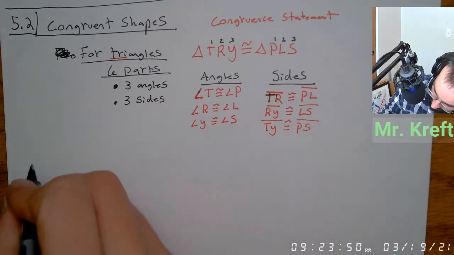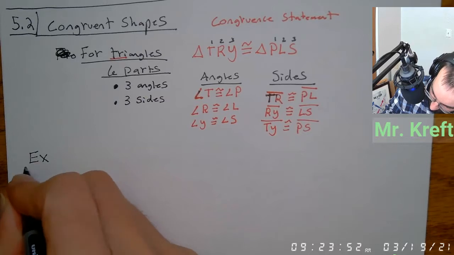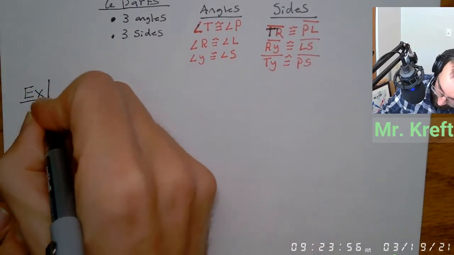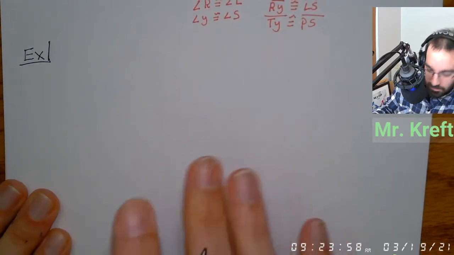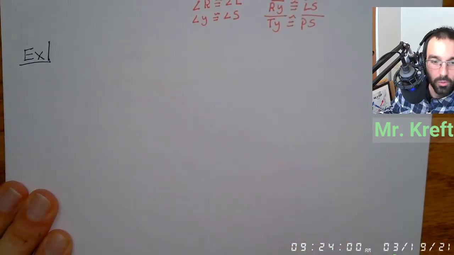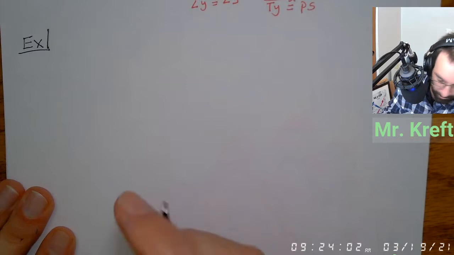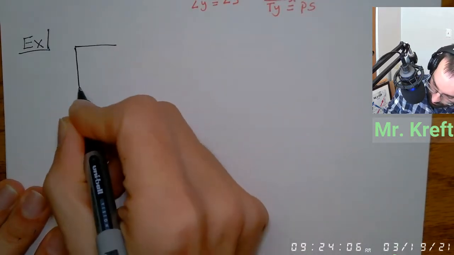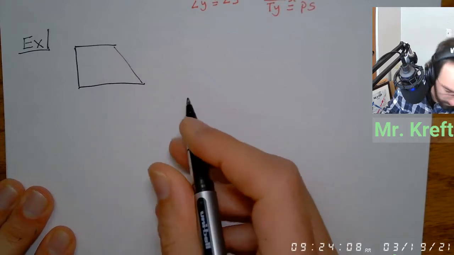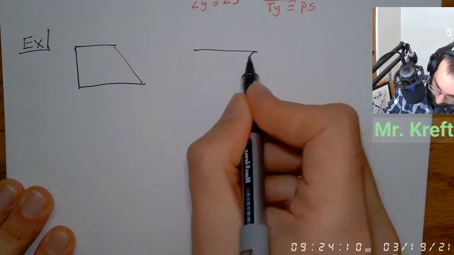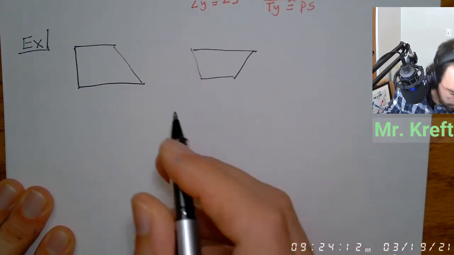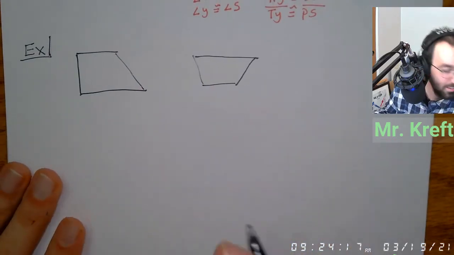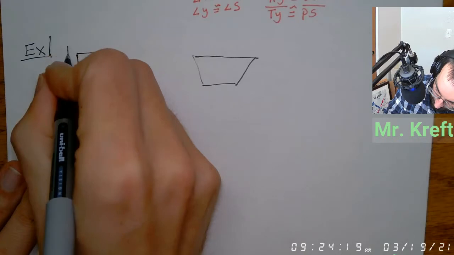All right, let's do an example of this. So I'm going to draw a shape, and you guys are going to want to draw this too. I'm going to stray away from triangles just for a little bit. Okay, I didn't draw these very well. You're just going to have to let that go. We're going to label these.